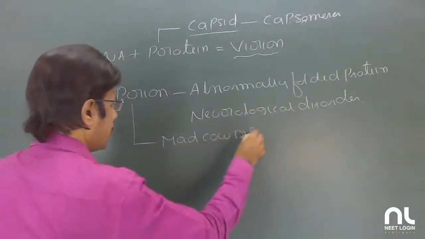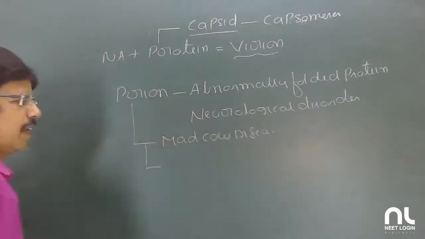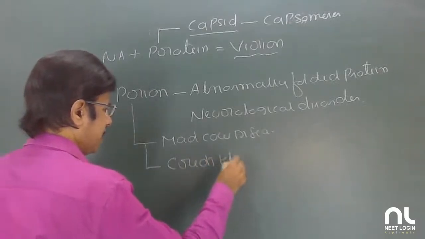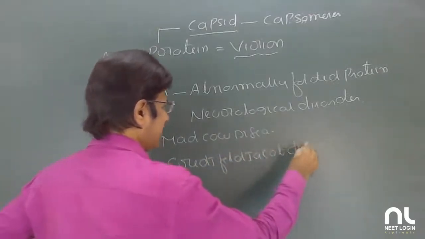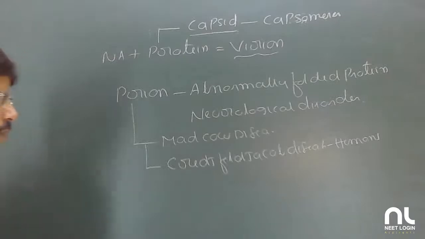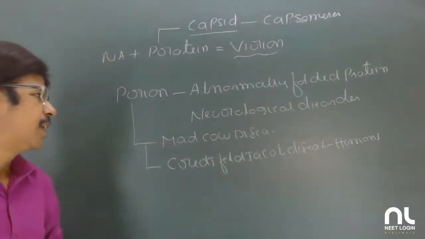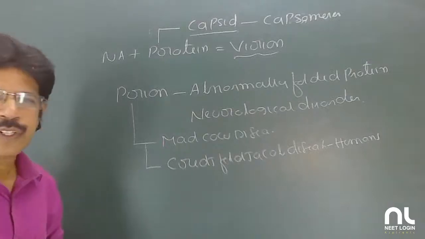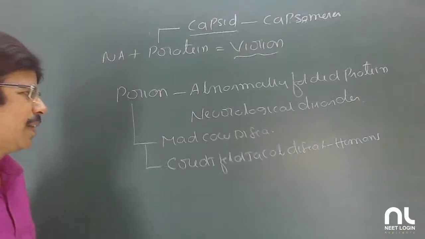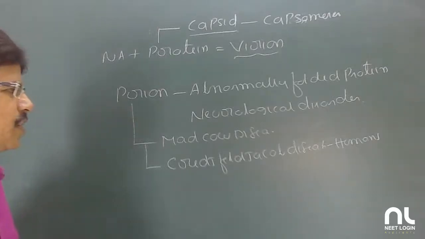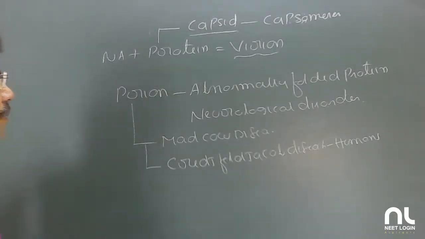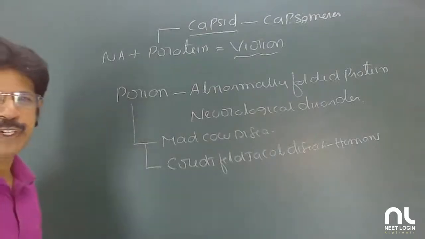So mad cow disease, and Creutzfeldt-Jakob disease in humans, transmitted through the prion. So mad cow disease, the same in humans is CJD, Creutzfeldt-Jakob disease. So virus minus nucleic acid, nothing but the prion.